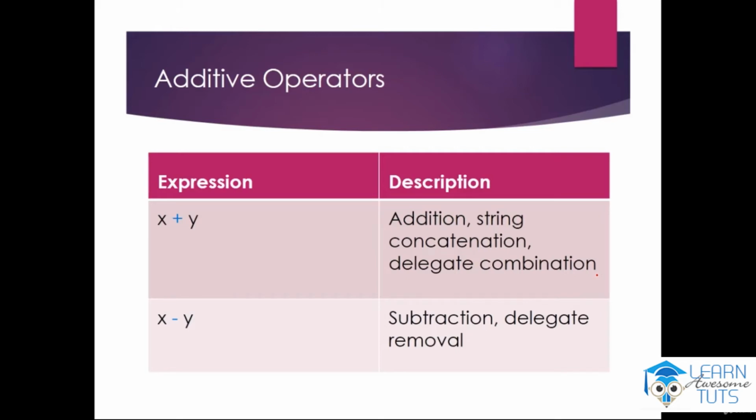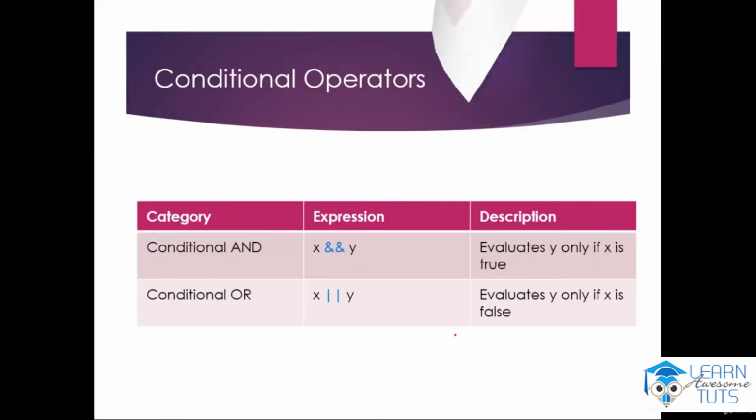So if x, for example, has the value Christos and y has the value is bad, after this we will have the sentence Christos is bad. While we also have subtraction, which means also removal. So we also have conditional operators.